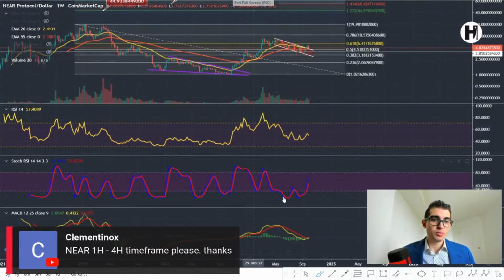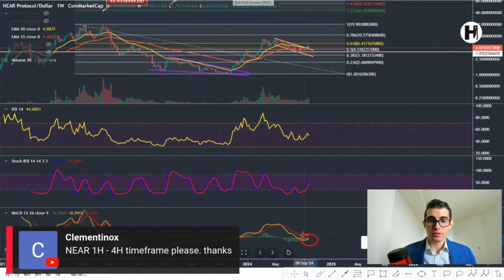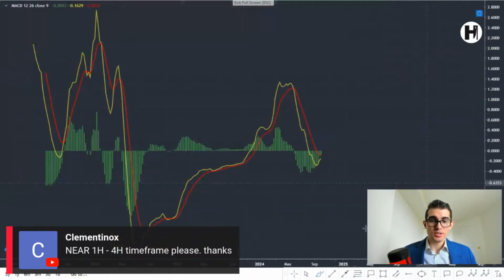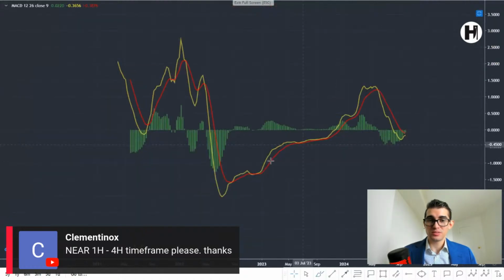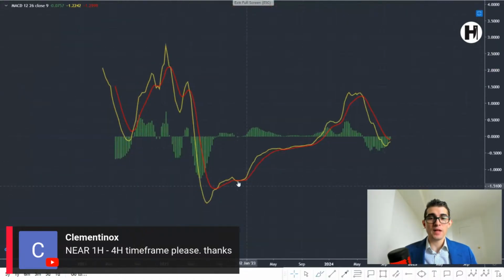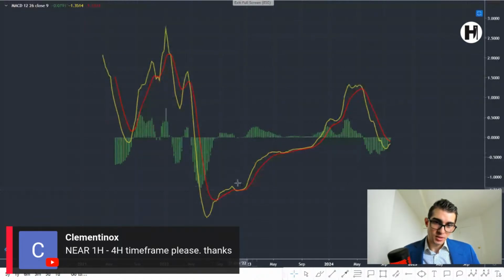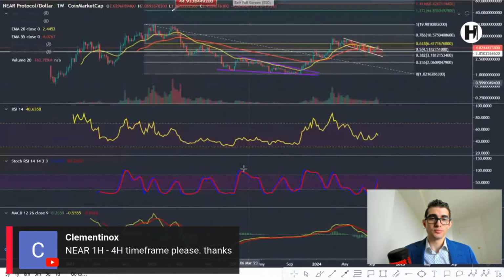That's very important. And the MACD here is about to print a bullish cross, which is historically, let's see how bullish this has been historically. So the last time we had this was back in November 2022, which was all the way here.